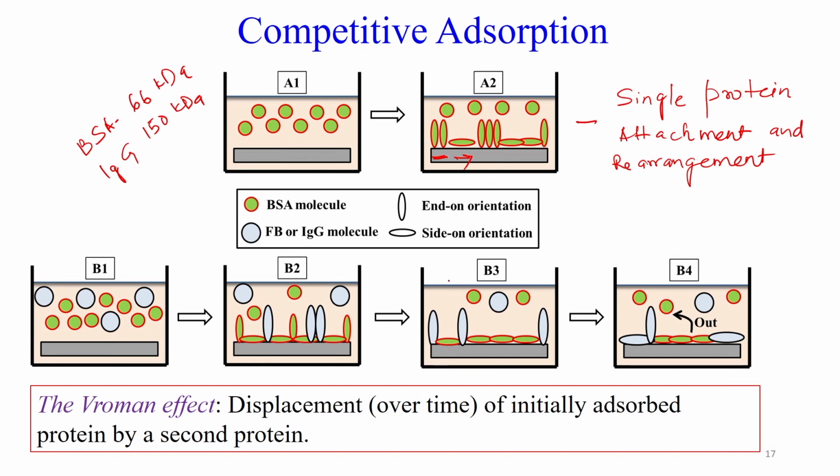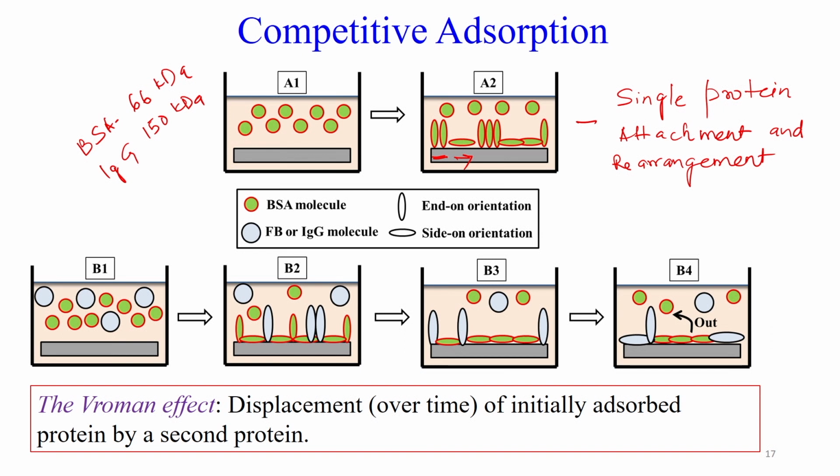Here you can see all the end-on oriented BSA molecules are replaced by the bigger protein molecule, either fibrinogen or IgG, and further there will again be rearrangement of that larger protein molecule as well.